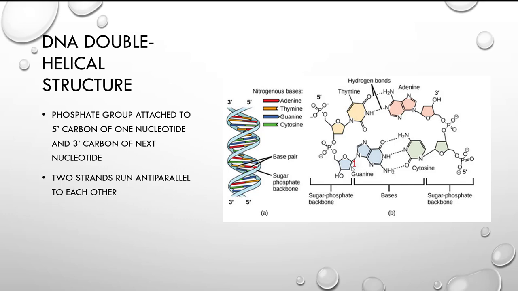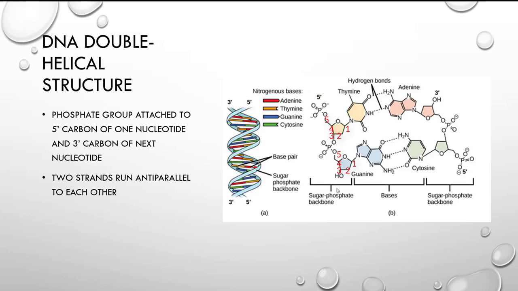So this is carbon 1, carbon 2, carbon 3, carbon 4, and carbon 5. So that's why we call this the 5' end. This is the 5 carbon end. This is the 3 carbon end.